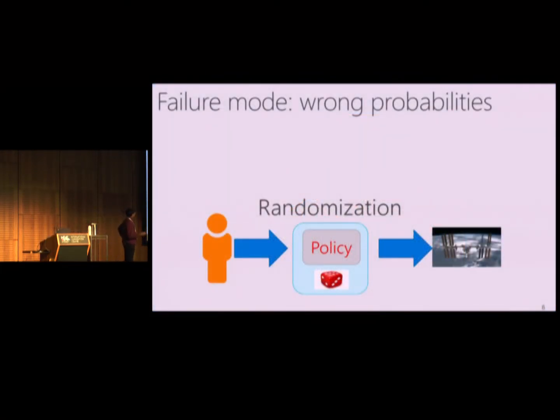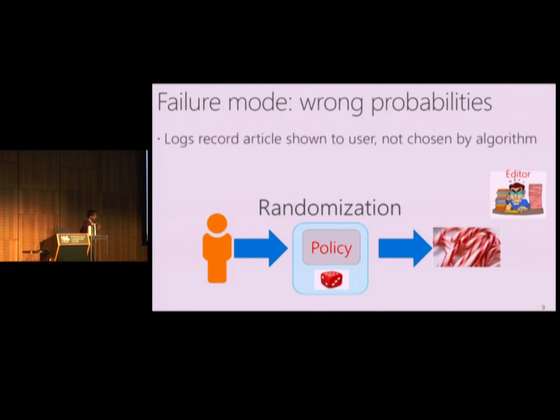The first one I'm going to start with is actually pretty common and related to the question that was just asked. So John showed you this graphic before when he was talking about why we might need randomized exploration. So let's say we have an exploration algorithm that saw this user and decided to display this news article about space. Now, sometimes what happens is that in news recommendation, you have breaking stories.